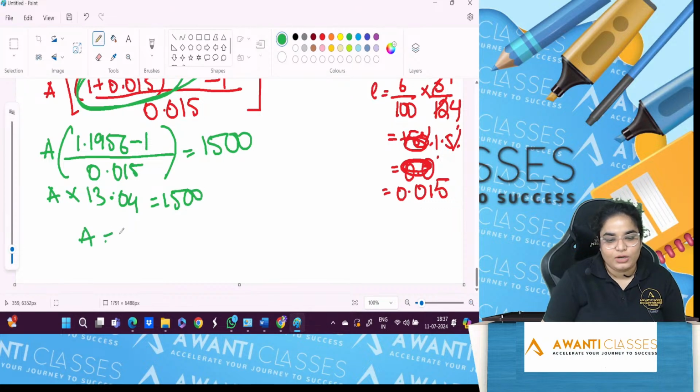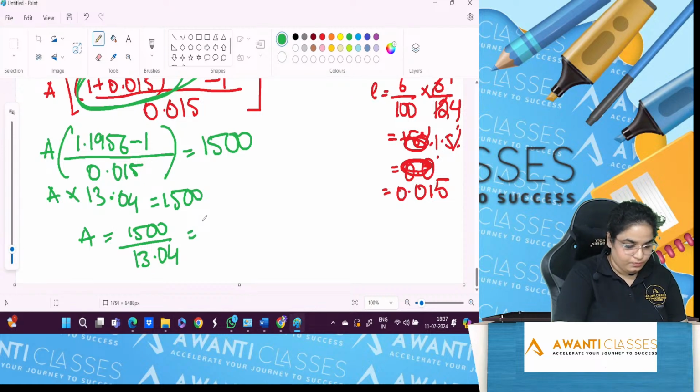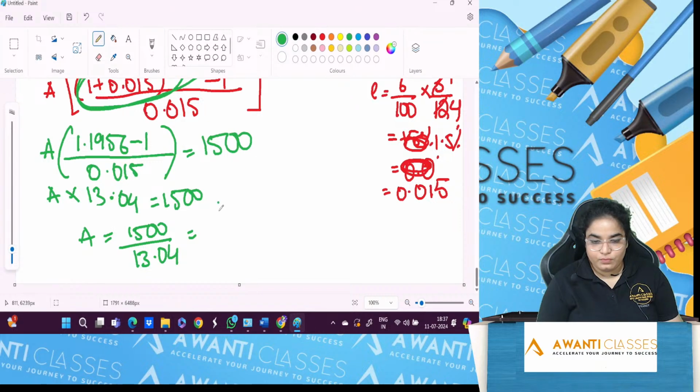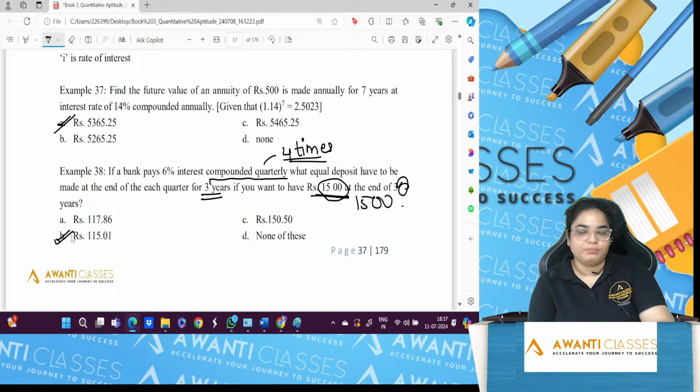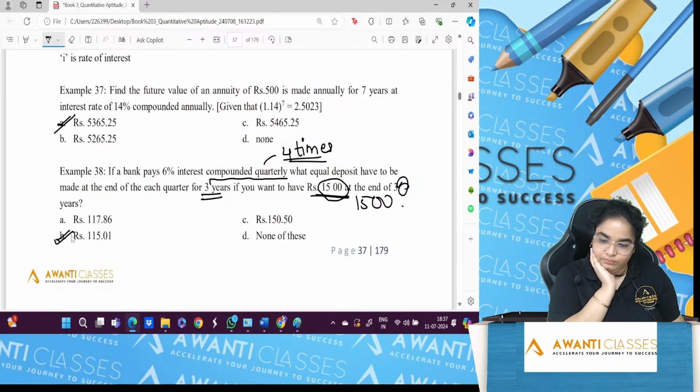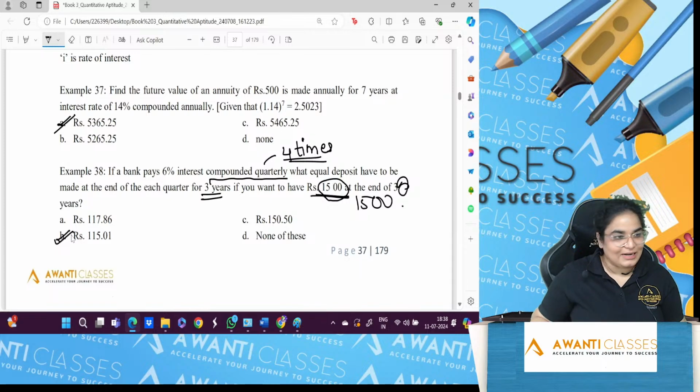So A is equal to 1500 divided by 13.04, which is equal to 115 rupees. Okay, so the answer is option B. Are we understanding this?